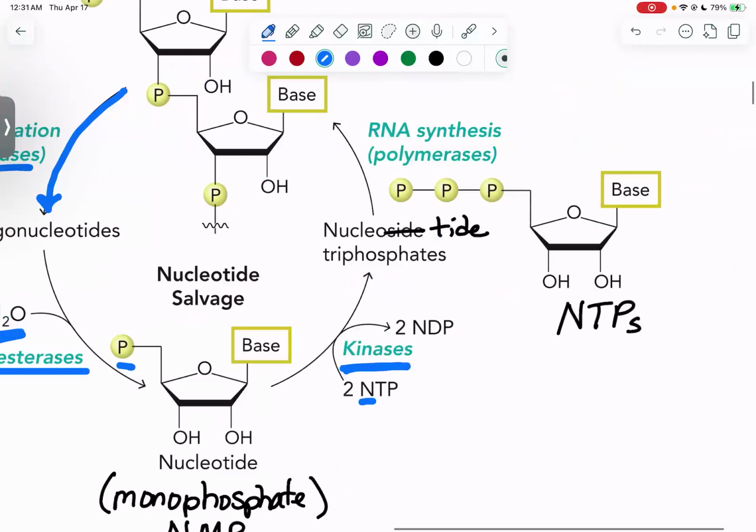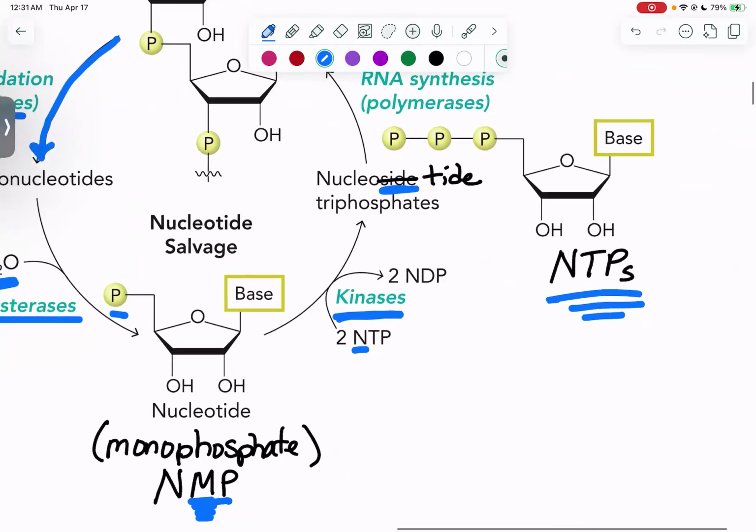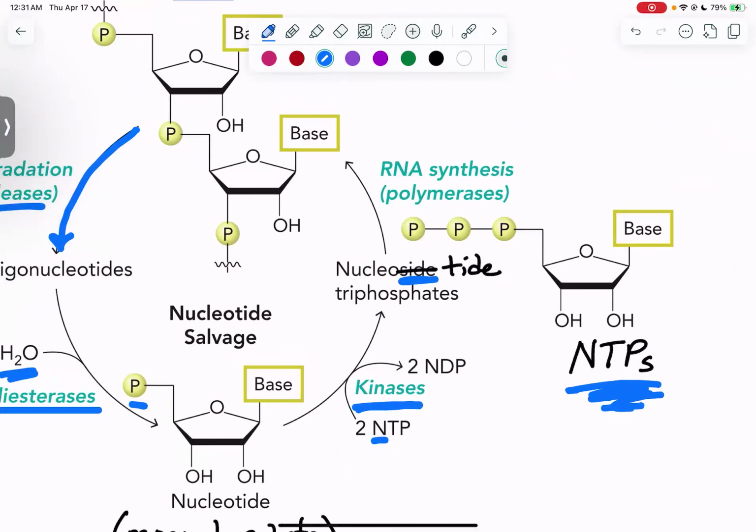And so once you phosphorylate it, and your book has this error, so I'm pointing it out, you're going to make a nucleotide triphosphate. So be careful with that. So now I have NTPs. I started out with NMPs. Now I have NTPs.